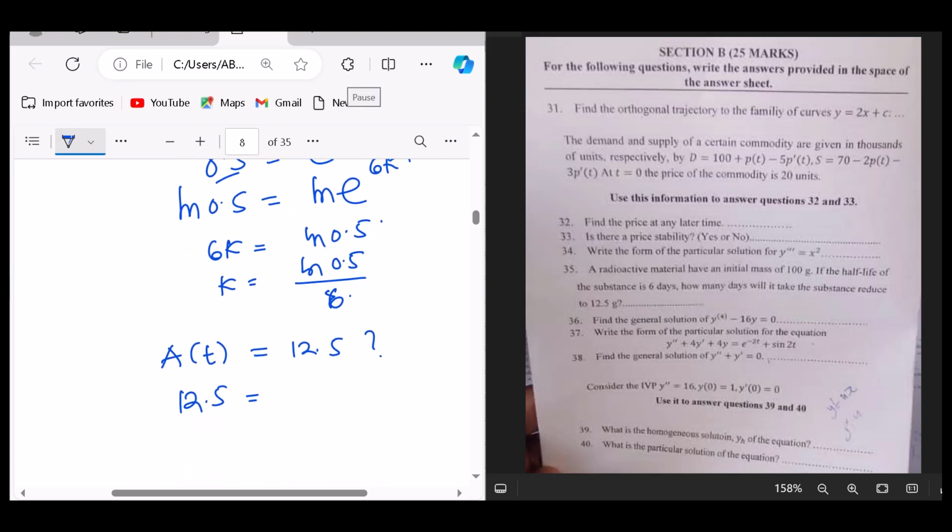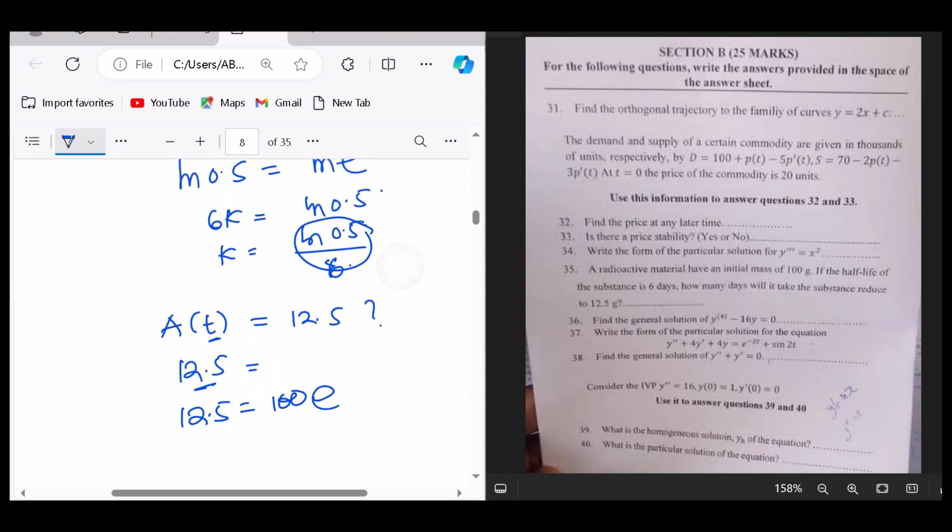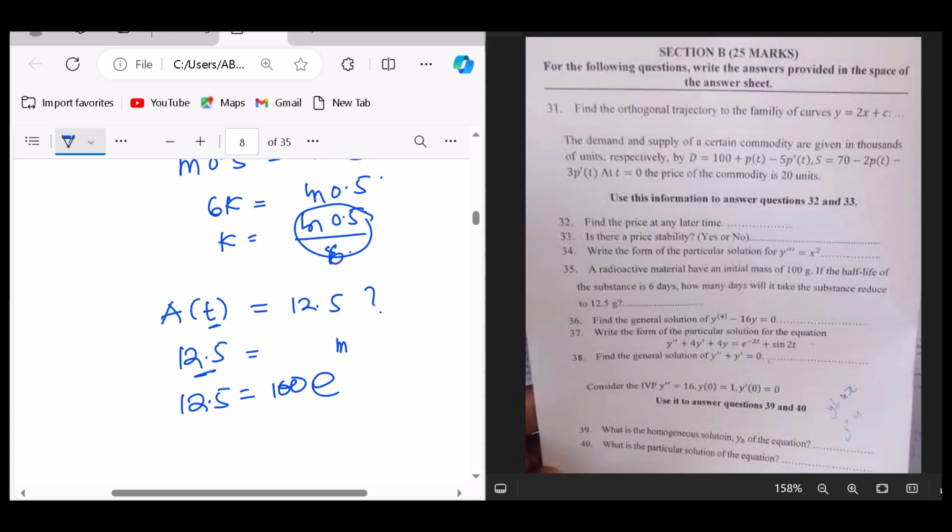So coming down, we need A of t. At what time would our A be 12.5? That's the question we need to ask. But our k is this. And so we just have to equate 12.5 equals 100 e power our k, ln 0.5 over 6, times the time.